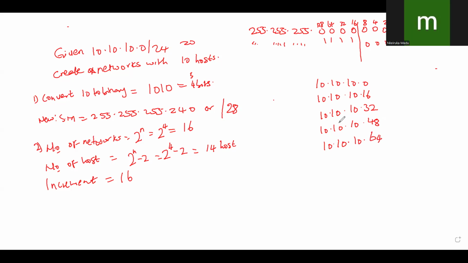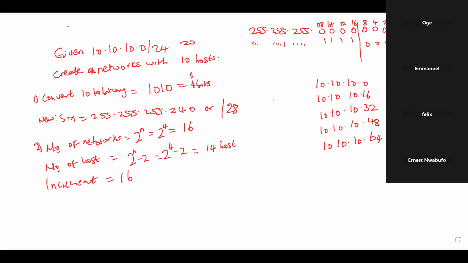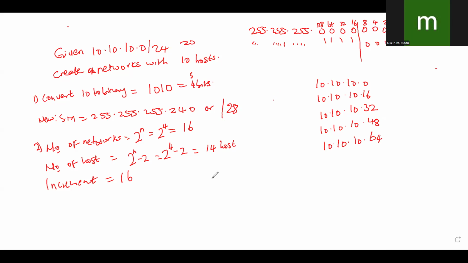64. Okay. Let me see who else I'm going to pick on here. Felix, give me the next one. I think we should do 64 plus 16. Give me the network that I'm supposed to be creating. Start saying it and I'll be writing. That's going to be 10.10.10.80.